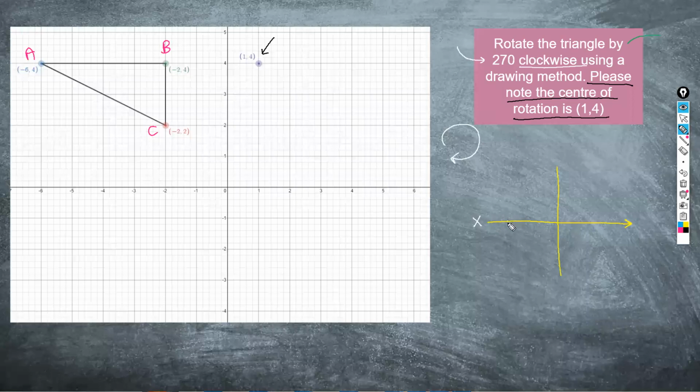Let's say we start at X and we turn 90 degrees clockwise. So we rotate clockwise. So that is 90 degrees. We reach here. We continue turning 90 degrees. When we reach here, we continue turning 90 degrees.